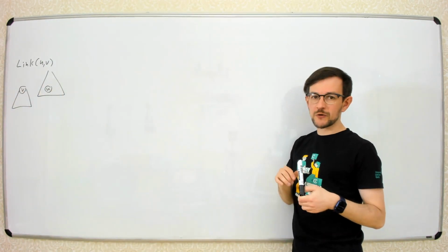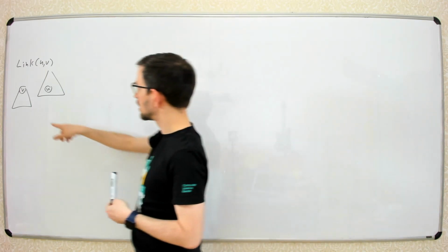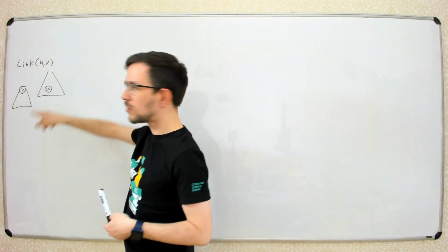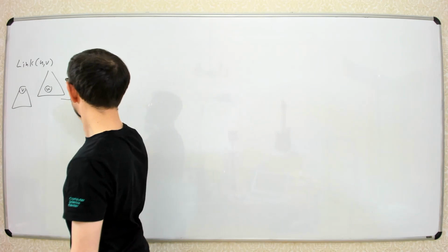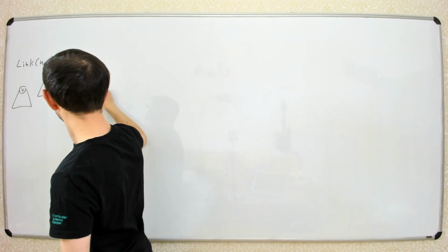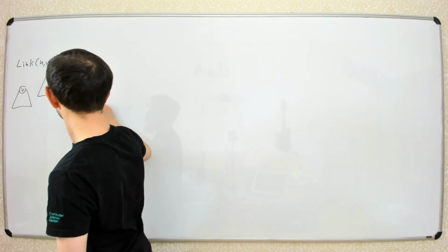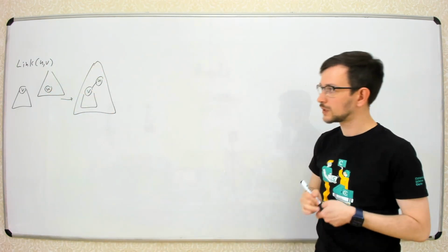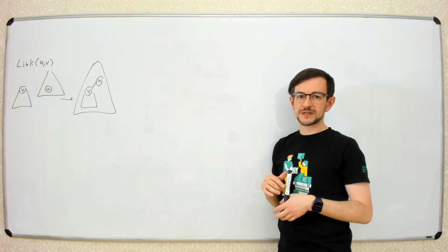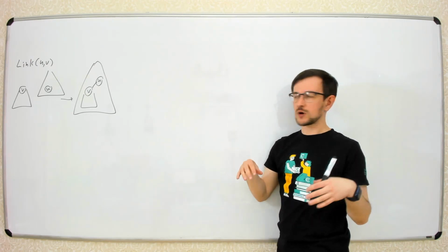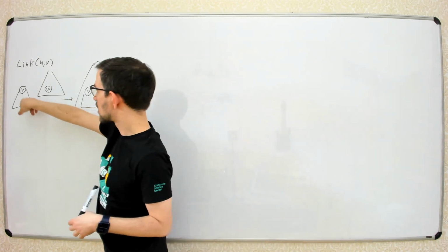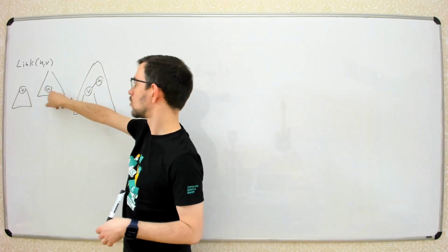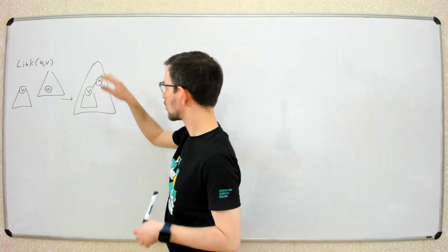When you make a link operation, you simply connect this node V to this node U as a child. So you will have this node V connected to U, and this will be one big tree. So link simply connects two trees. You connect the root of one tree to a node of another tree, and you have one big tree.